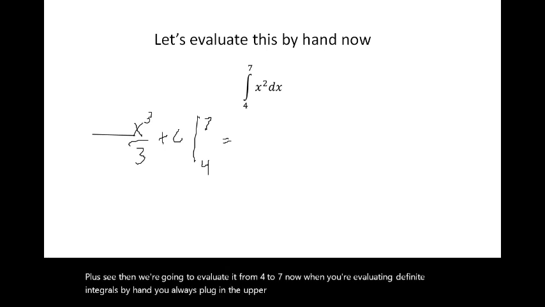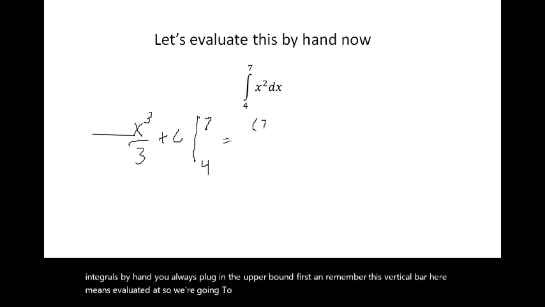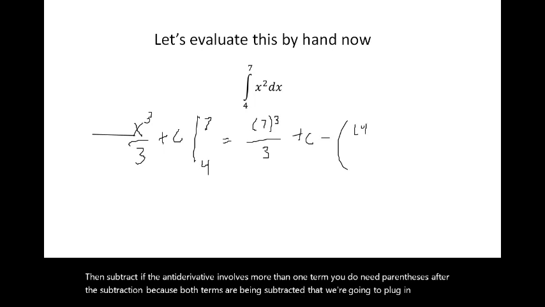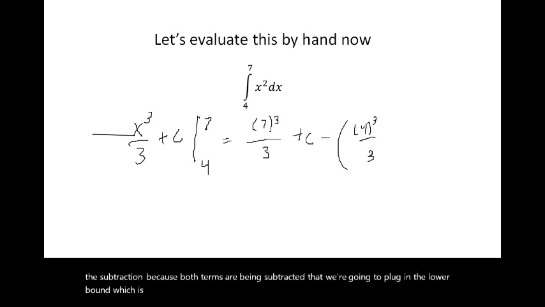Remember, this vertical bar here means evaluated at. So we're going to plug in 7 first. We have 7 cubed over 3 plus c. Then subtract. If the antiderivative involves more than one term, you do need parentheses after the subtraction because both terms are being subtracted. Then we plug in the lower bound, which is 4 cubed over 3 plus c.